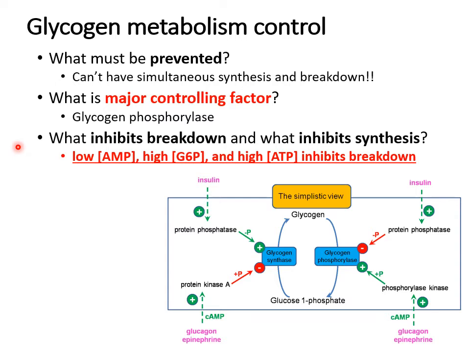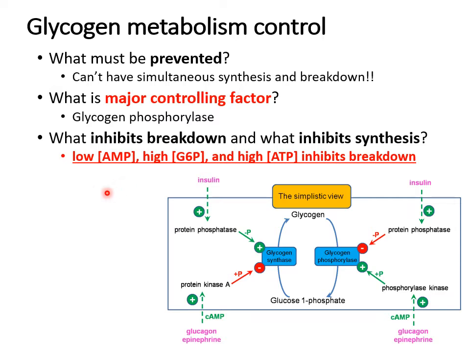If you have high glucose 6-phosphate and high ATP, which are both products in the glycogen breakdown pathway, they will then inhibit that reaction because you don't need more of them once you have a lot of those products. It would be wasteful. And then the trick to figuring out what inhibits synthesis is to just reverse each of these conditions. If these inhibit breakdown, then the opposite will be inhibitory towards synthesis.